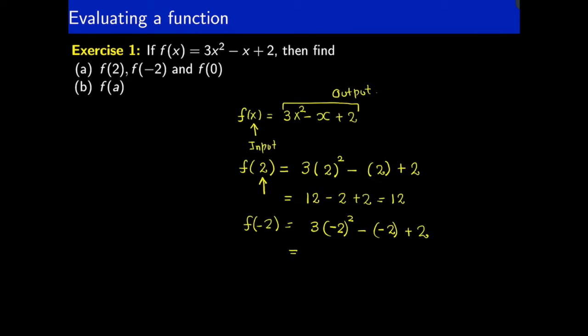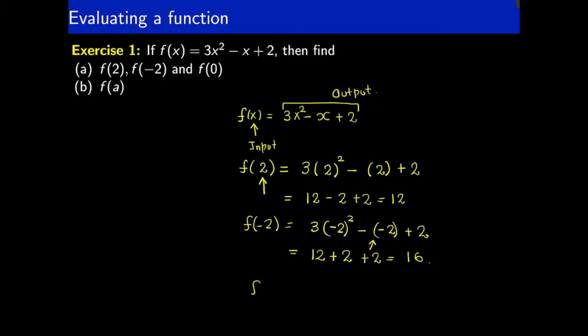And now you will see the use of this parenthesis, because once you have a negative number to place, this is really helpful. Negative 2 squared is 4. 4 times 3 is 12. So this is 12, and this is a negative, negative, positive. So this becomes positive 2, and this one was already positive 2. So the total becomes 16.